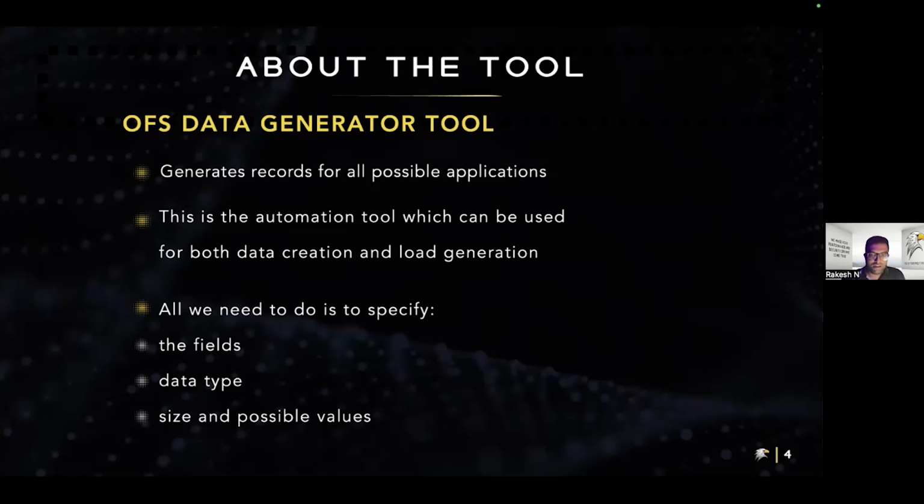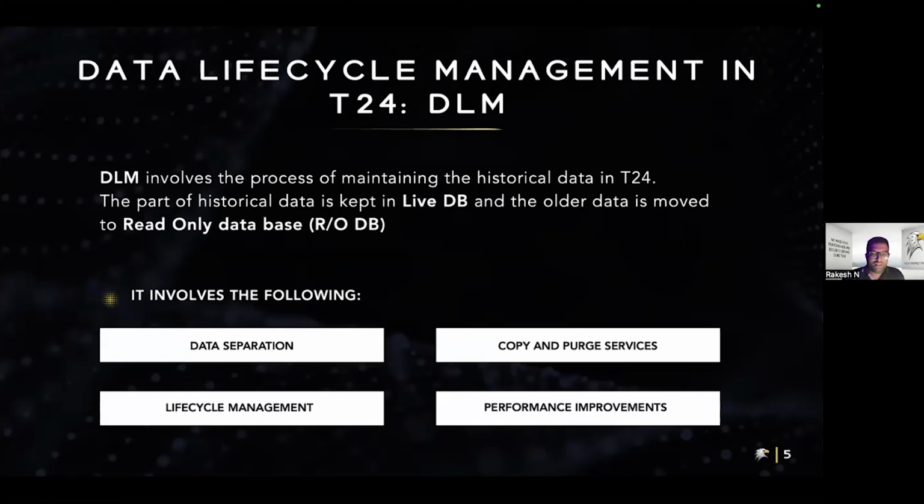So yeah, let's move into data lifecycle management. What is data lifecycle management in T24? In T24, we have something called a live database and an archival database. The live database stores all the latest live data.